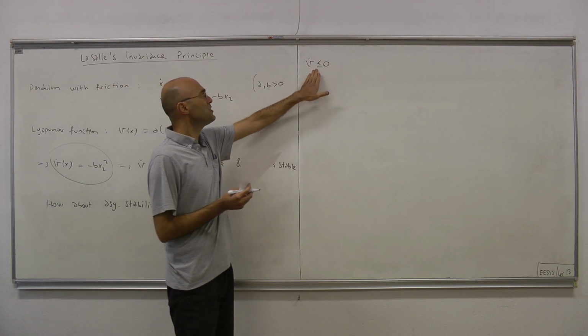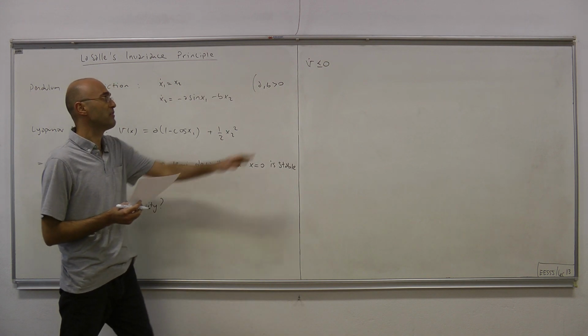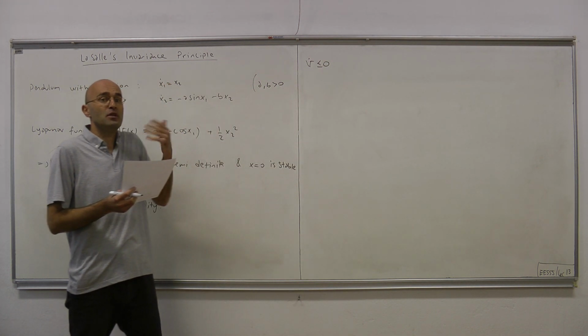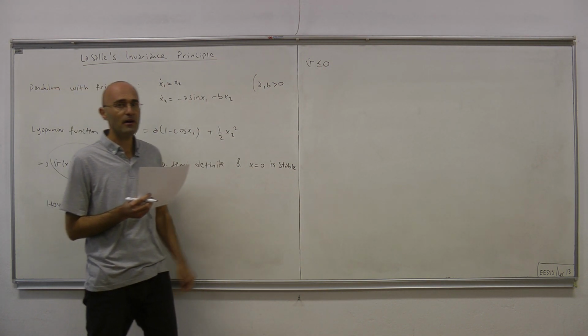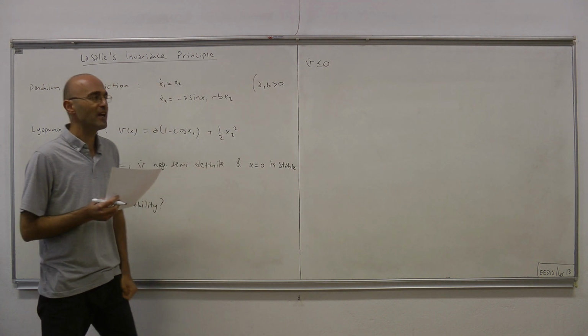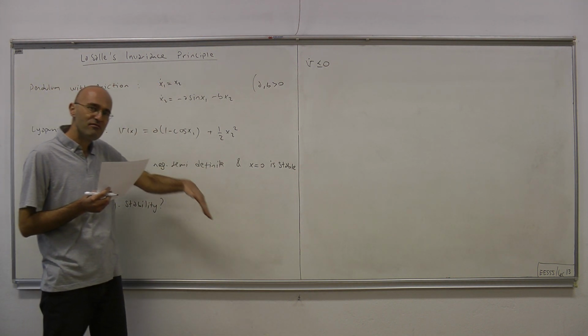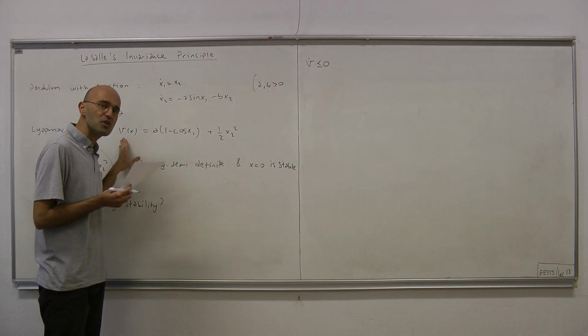So that means that the function V, whose derivative is never positive, could either go toward minus infinity, or converge to some constant. Now, for this V, it cannot decrease indefinitely because it's a positive definite function.